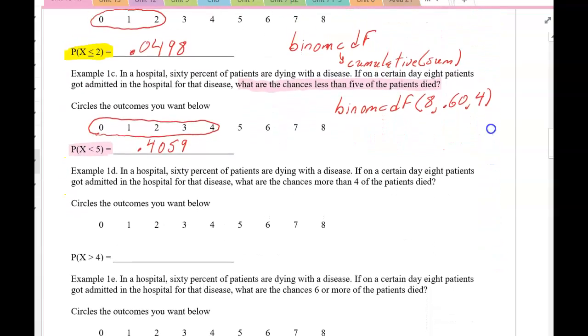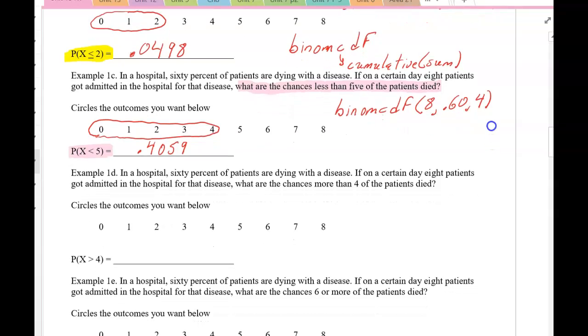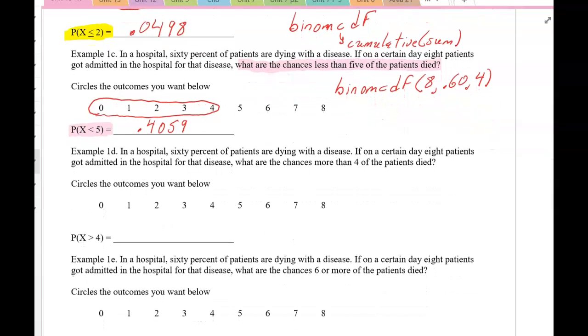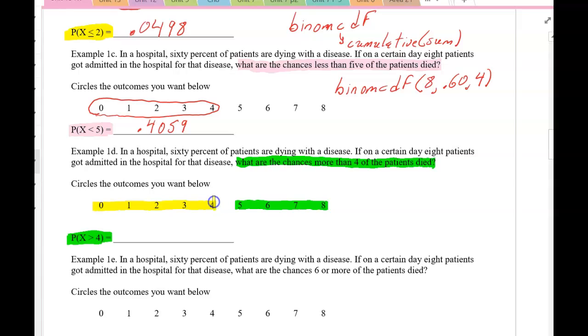Now let's take a look at the next problem. Same scenario. What are the chances more than 4 patients died? So for more than 4 patients died, that means x is greater than 4, which means I want 5, 6, 7, and 8. And I just highlighted that in green. Well, your calculator only can do 0 to 4.